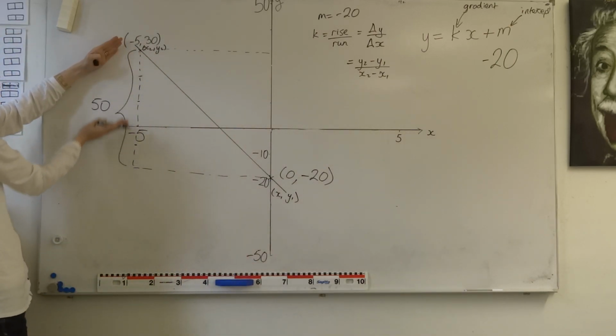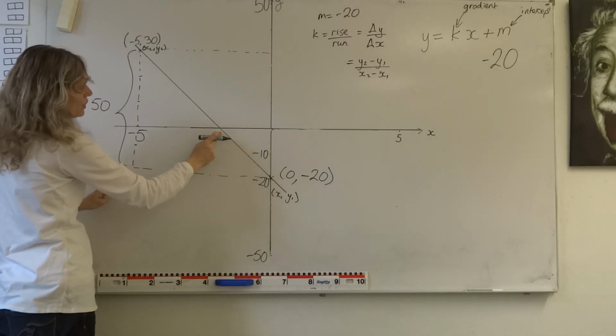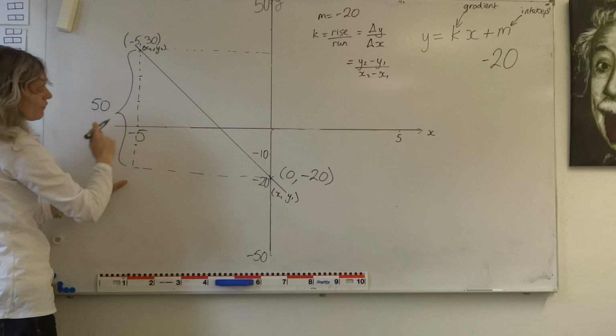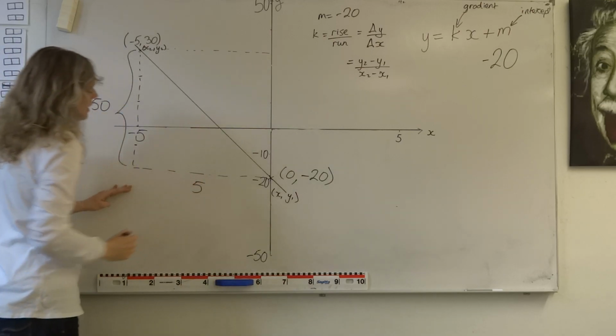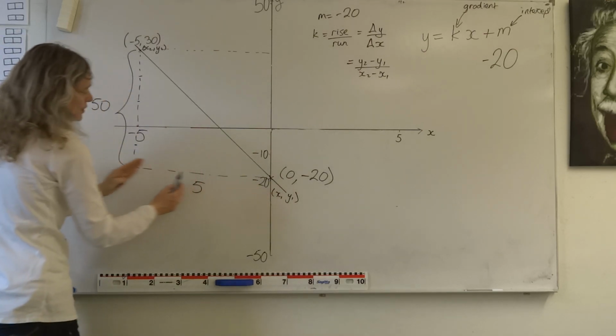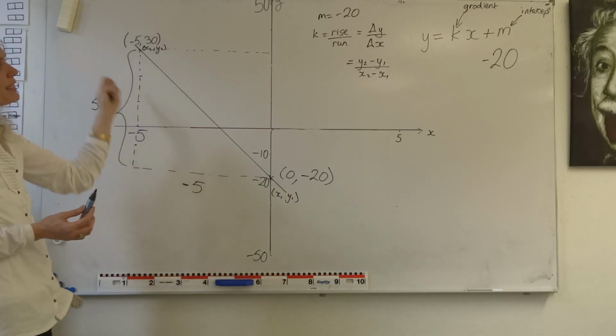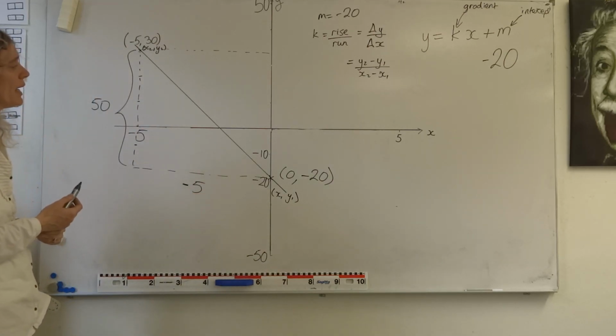The number of steps we've gone up here is 50. The number of steps we've gone along here, 1, 2, 3, 4, 5. 5 steps along there. But we're going backwards in our steps, so we're going 5 steps backwards, minus 5. This is a negative gradient, so we know we're going to get a negative answer.